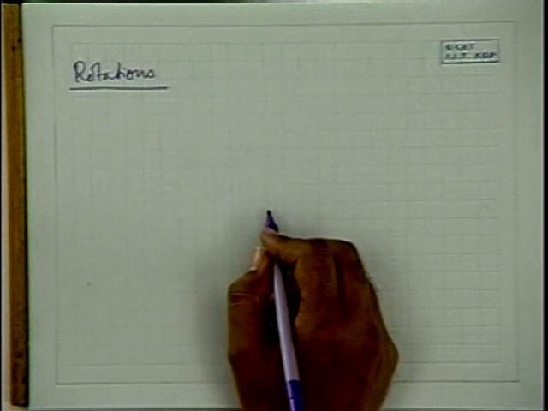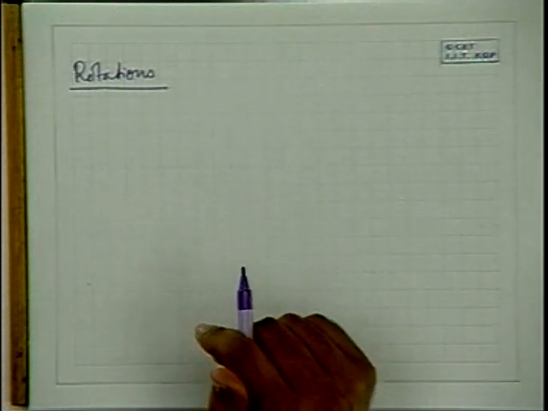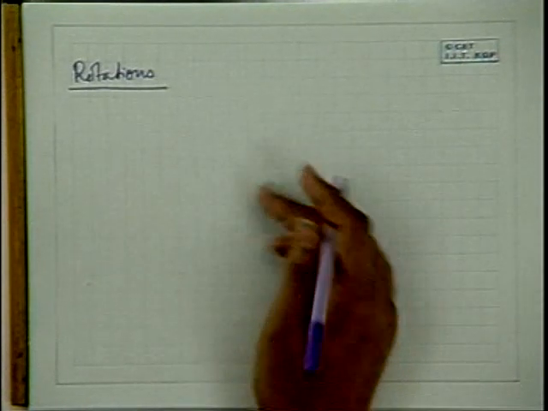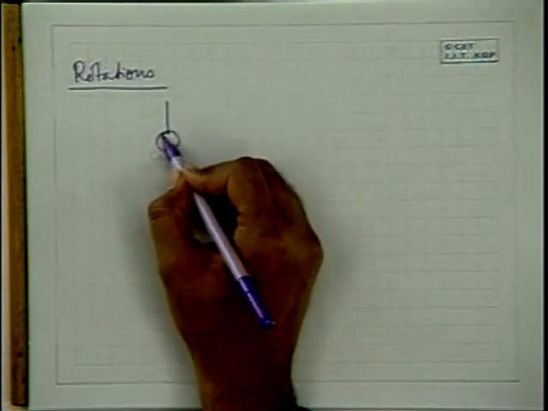A rotation is basically a restructuring operation so that it improves the balance of the tree. So let me just pictorially tell you what it means.